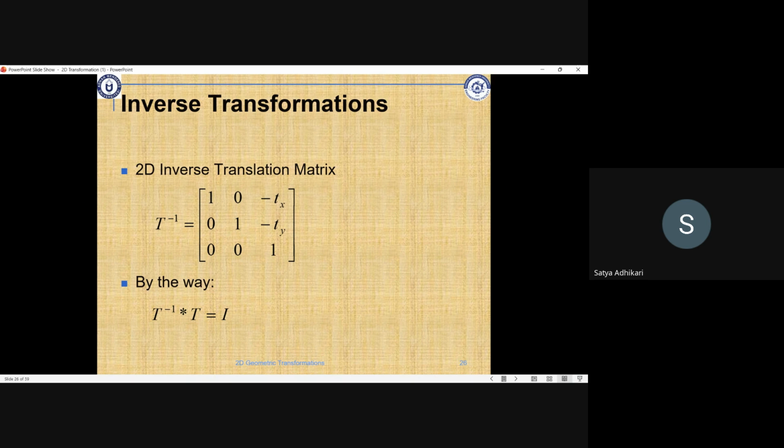Here only tx and ty are subtracted, having a minus sign value, that is opposite to the sign value of your translation. So by the way, T inverse into T equal to I. If we multiply this, we will get an identity matrix, that is, you will get the same original position. I stands for identity matrix here.